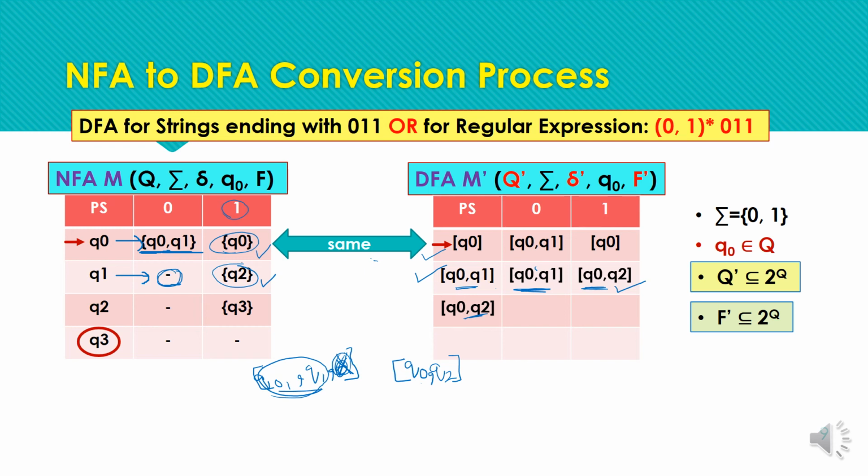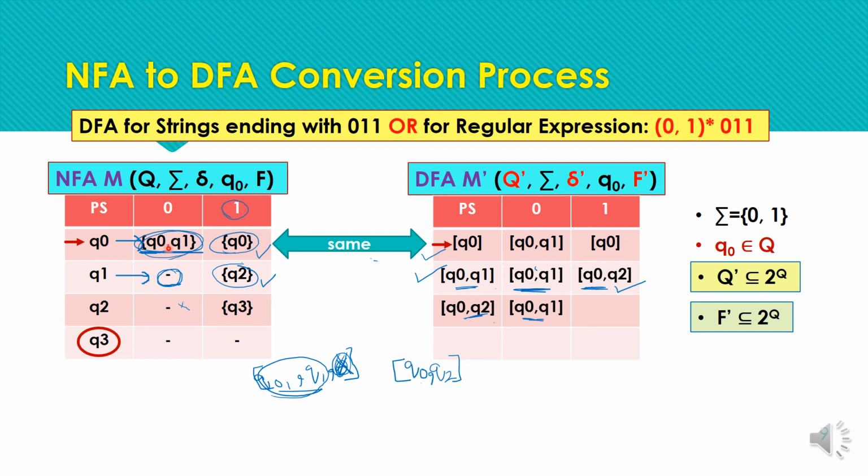Now this state is complete, Q0 was complete, and now we have to complete this state. In the completion process of this state, look into the NFA table for the transitions of Q0 and Q2 for 0. Again Q0 goes to Q0 and Q1, but Q2 has no state. So we can write the resulting set as Q0 Q1. Next, for the transition of input symbol 1 from this state Q0 Q2, look into the NFA's transition table.